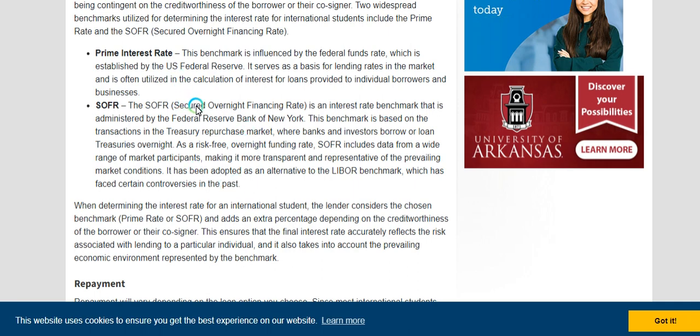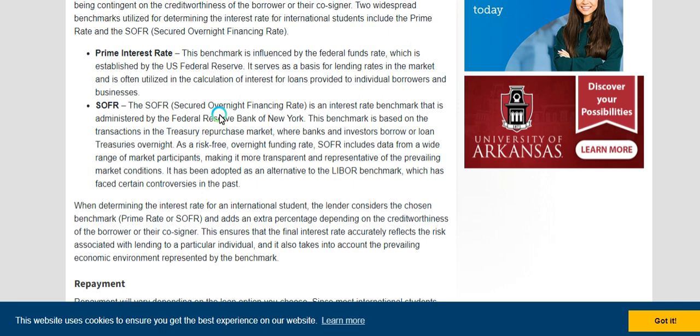The Secured Overnight Financing Rate is an interest rate benchmark that is administered by the Federal Reserve Bank of New York. This benchmark is based on transactions in the Treasury repurchase market where banks or investors borrow or lend treasuries overnight, as a risk-free overnight funding rate.